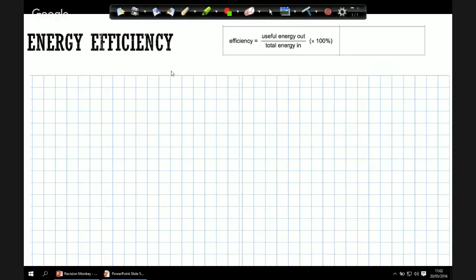With energy, you can look at energy efficiency, how efficient an appliance or some sort of energy transfer is. This is the equation that you get on your sheet: efficiency equals the useful energy out divided by the total energy in times 100%.